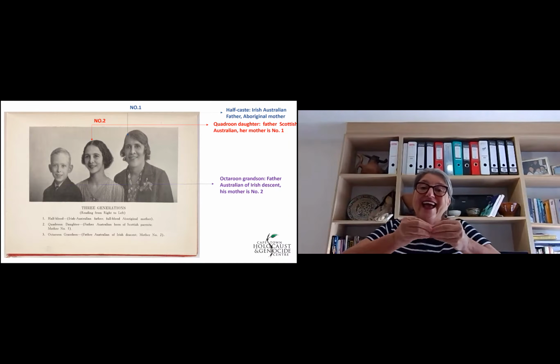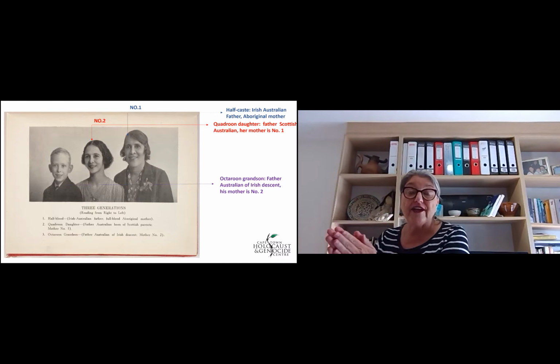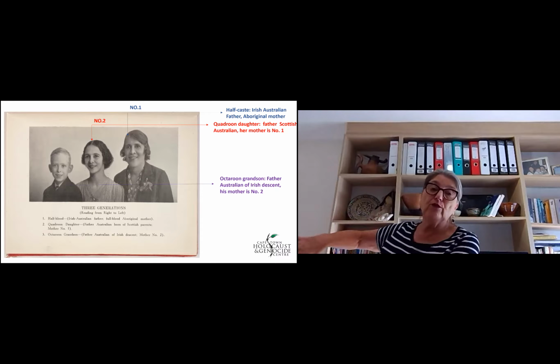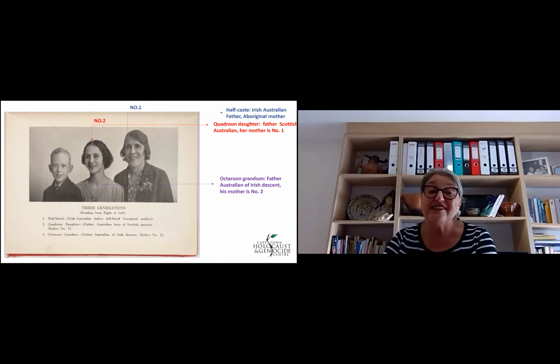He's only an eighth Aboriginal. So the Australians believed that if you carried on, if that little boy eventually has a child with a white person, in the end, there will be no blackness. Their blood will be white and their skin will be white.